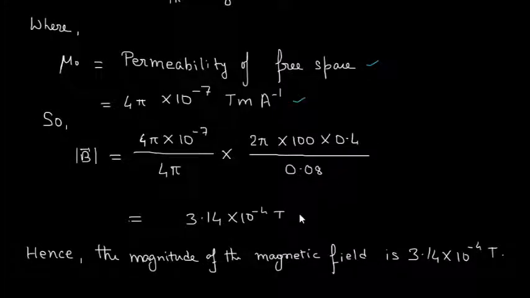Upon solving, we get 3.14 multiplied by 10 to the power minus 4 T. Hence, the magnitude of the magnetic field is 3.14 into 10 to the power minus 4 T.